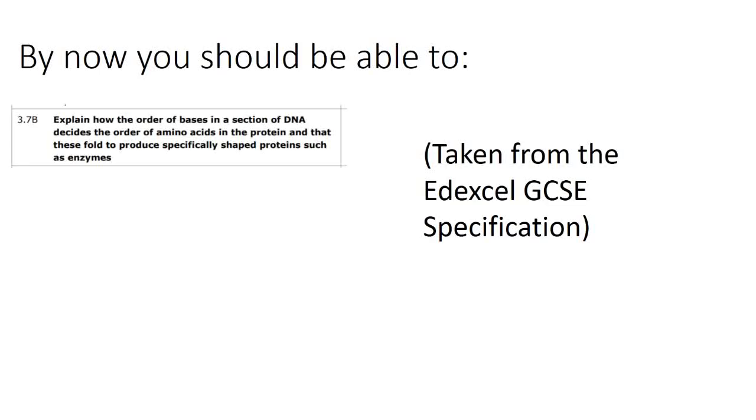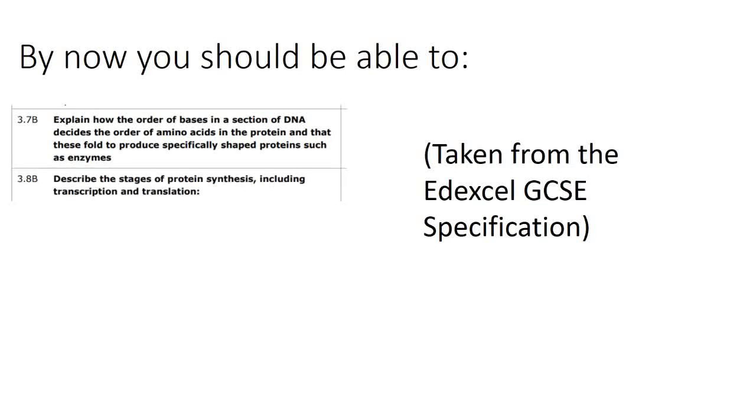So by now you should be able to explain how the order of bases in a section of DNA decides the order of amino acids in the protein, and these fold to produce specifically shaped proteins such as enzymes. You should also be able to describe the stages of protein synthesis, including transcription and translation.